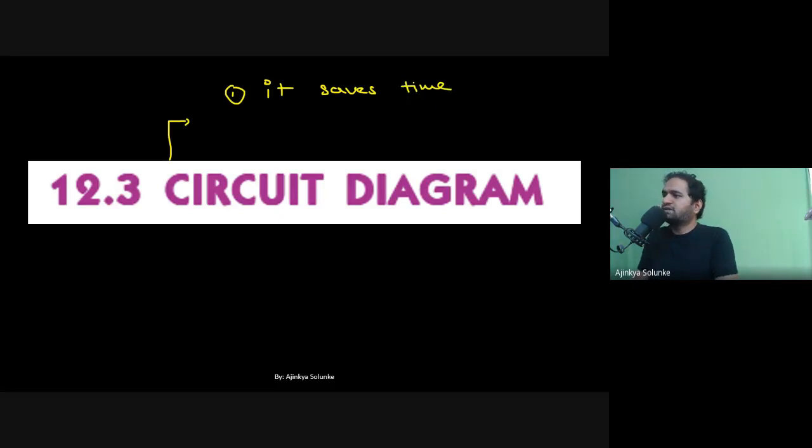So the first thing it saves is time, correct? And the second point, it reduces complexity. It makes the diagram simple. It makes our circuit simple.